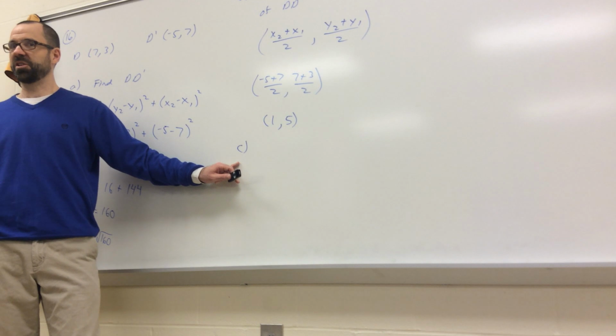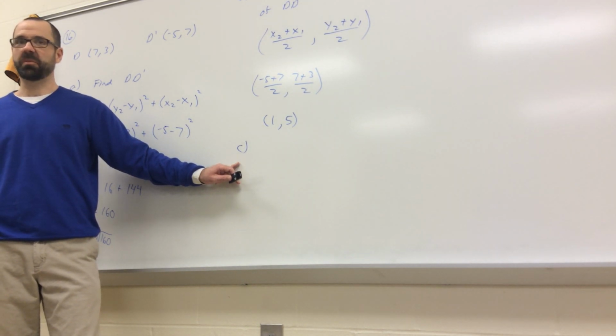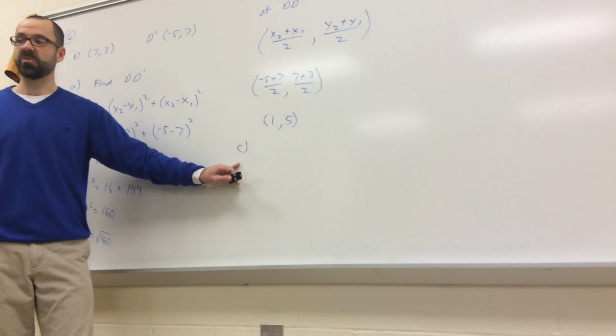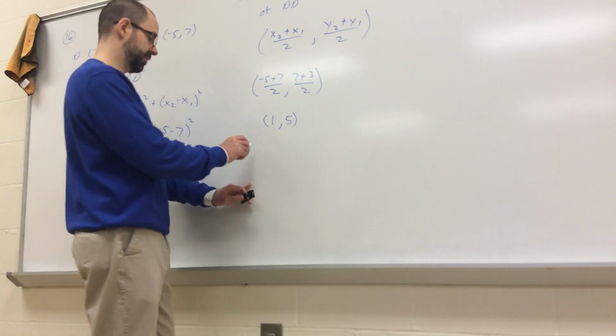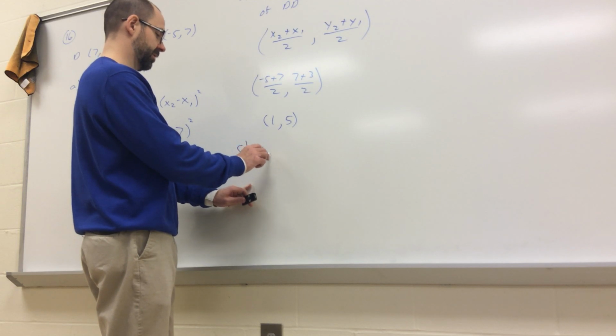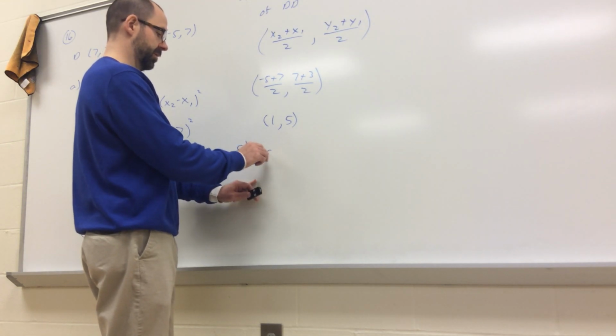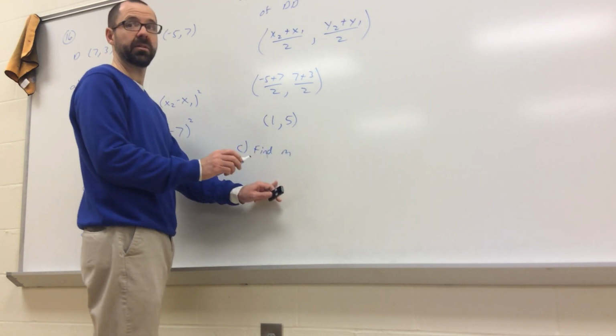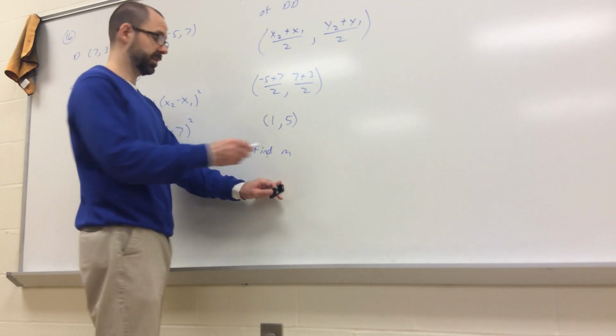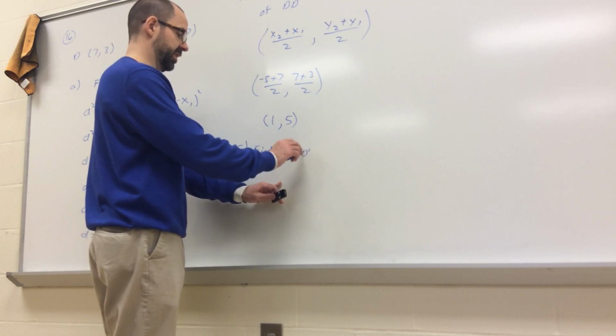There was a third formula that was kind of like those. Anybody remember what that one was? Yes? Slope formula, good. So we're going to find the slope. Remember, M stands for slope of the line segment DD prime.